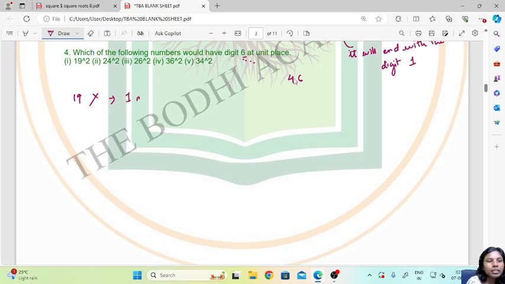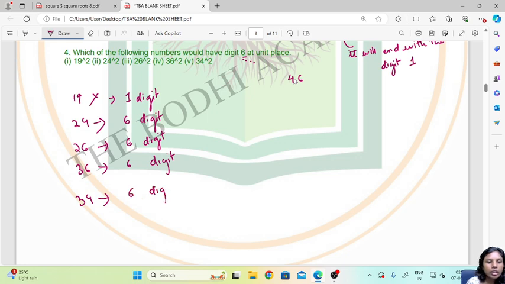It will end with digit 1. 24, yes, it will end with digit 6. Then 26, yes, it will end with digit 6. 36 also will end with digit 6, and 34 also will end with digit 6. In the units place we only need to see for 4 and 6. If it is 9, it will end with digit 1.